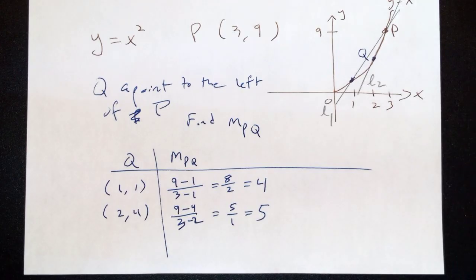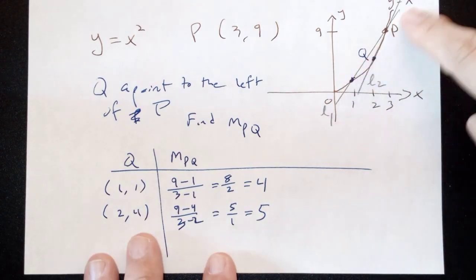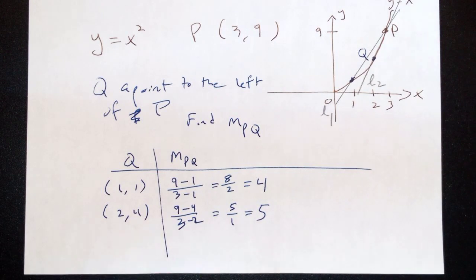Neither of these are tangent lines. But I brought the point Q closer to the point P. And by doing so, the part of the graph that I cut off with my line got smaller.